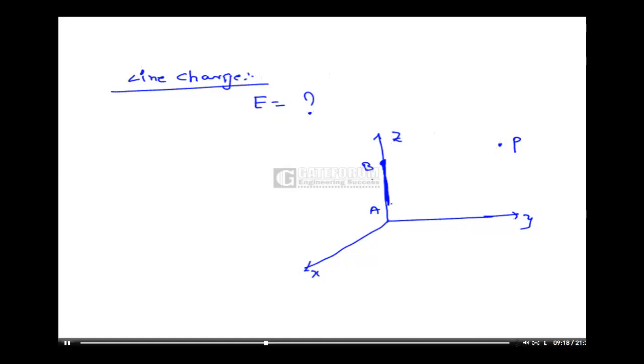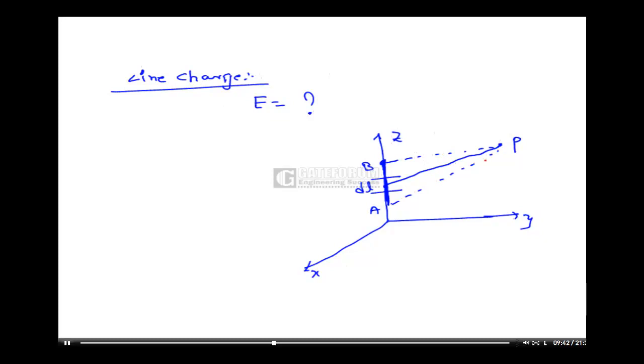So for the analysis I am considering a small length dL. So like this we can complete the graph.